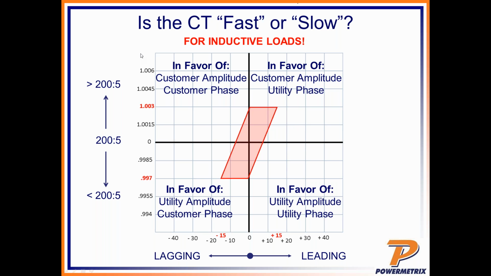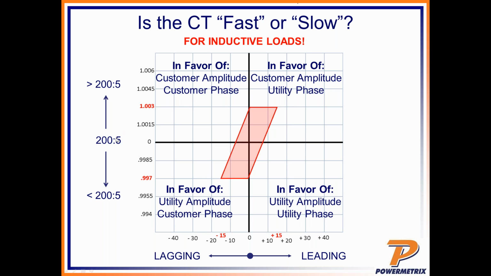If we look at this axis over here, right? Remember, this is our amplitude error. So at 0 error, our CT would be at 200 to 5, okay? As that number gets higher, meaning 201 to 5, 202 to 5, 205 to 5, that's in favor of the customer, right? Meaning the CT is actually putting out less current than it should.